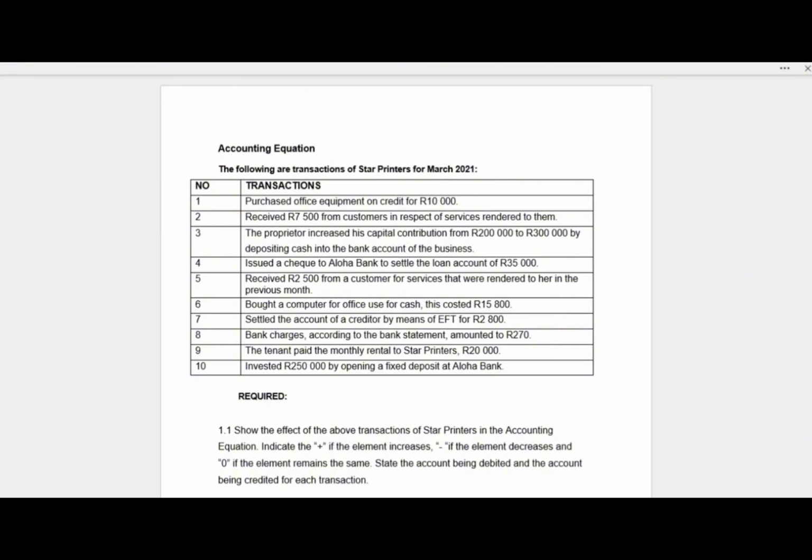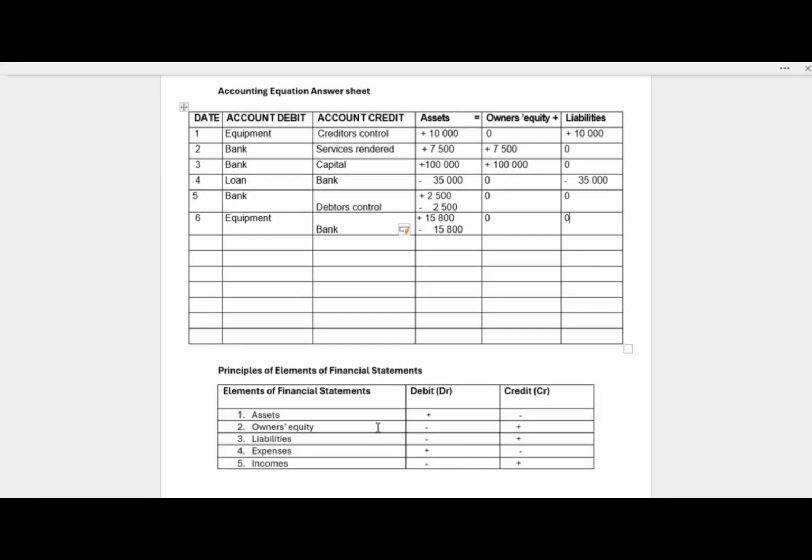So when you record this transaction number 7, remember, the two accounts affected are creditors and bank. Bank is decreasing and bank is an asset, and then the creditors are decreasing because you are paying them, and they are liabilities.